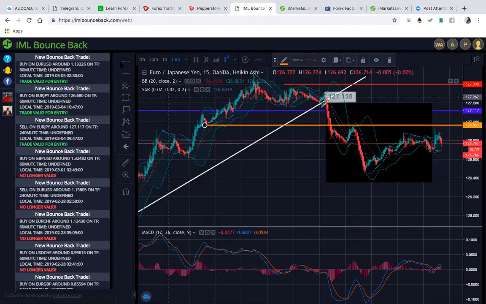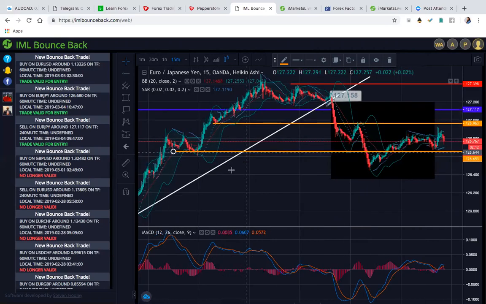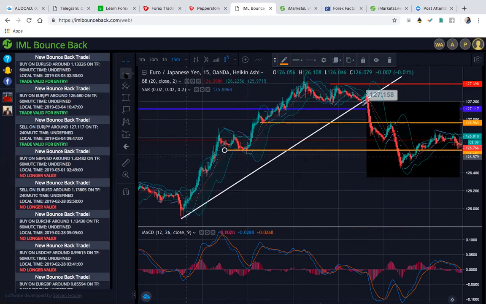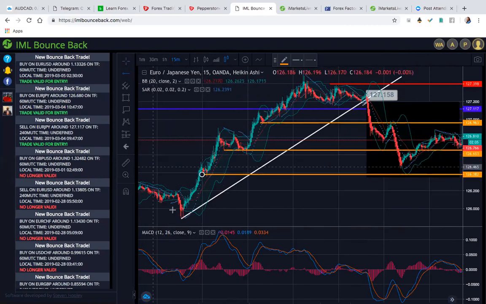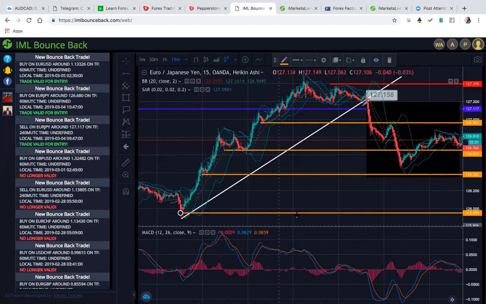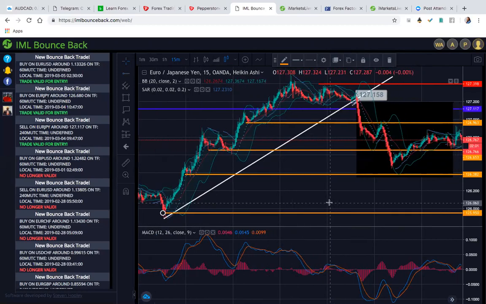This is a low, right? This is a low. All of these are take profit points. This is a low. This is a low. You have basically 4 areas that you could look to take your profit.